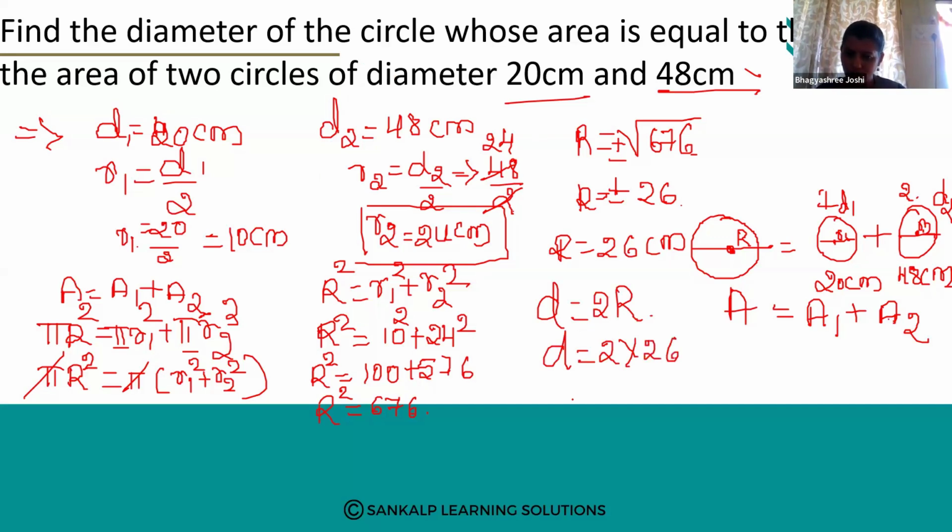That means diameter D, or consider this as capital D or else small d, is 2 into 26, which is 52 centimeters. So this is the diameter of the big circle, or you can call it the diameter of the circle.